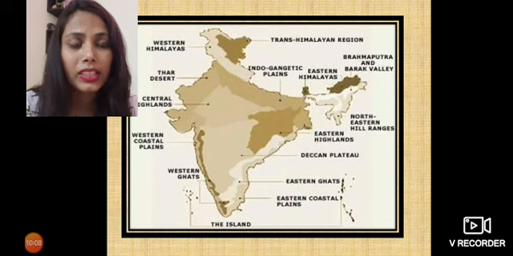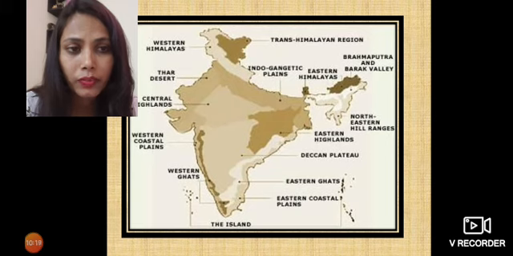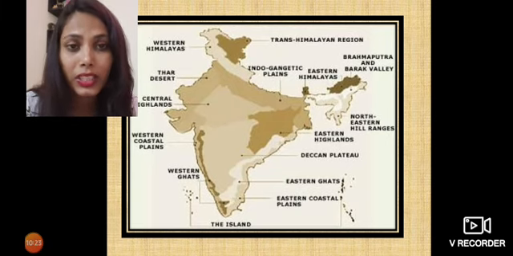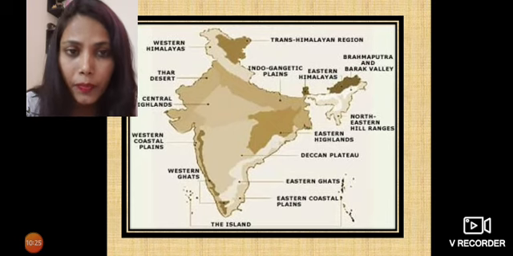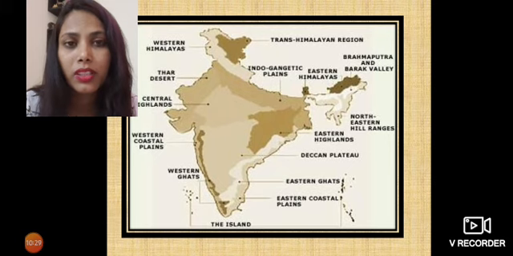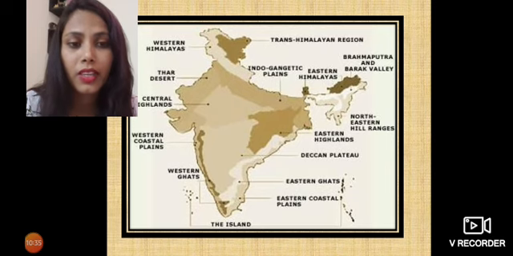Then you can see in the east where Chhattisgarh is, that's the Eastern Highlands. Then to the south of Eastern Highlands you can see Deccan Plateau written, Eastern Ghats written. Then on the western side Western Ghat is written. Plains are also given, the Western Coastal Plain, Eastern Coastal Plain. Clear? Just keep all this in mind so that geography gets very easy for you.